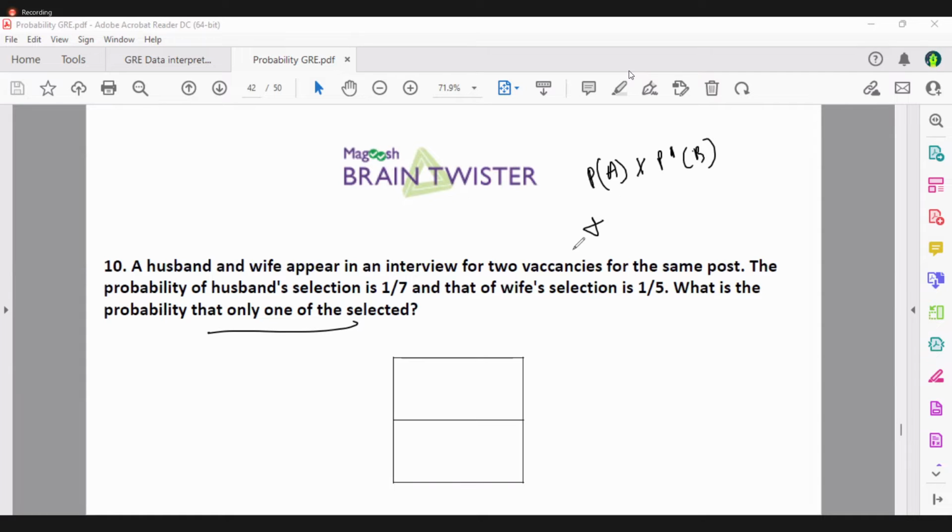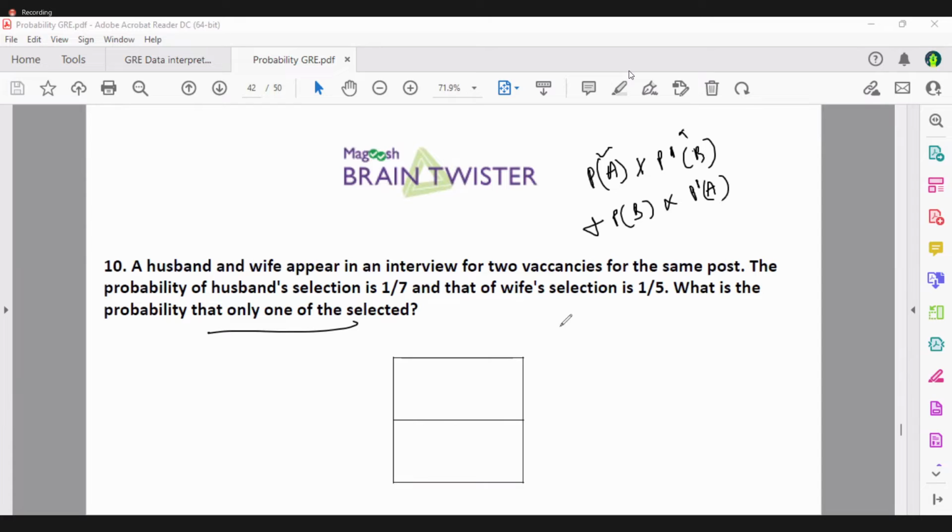It cannot happen that the husband is being selected as well as not selected at the same time. Once husband is selected, then wife will not be selected. Once wife is selected, then husband will not be selected.